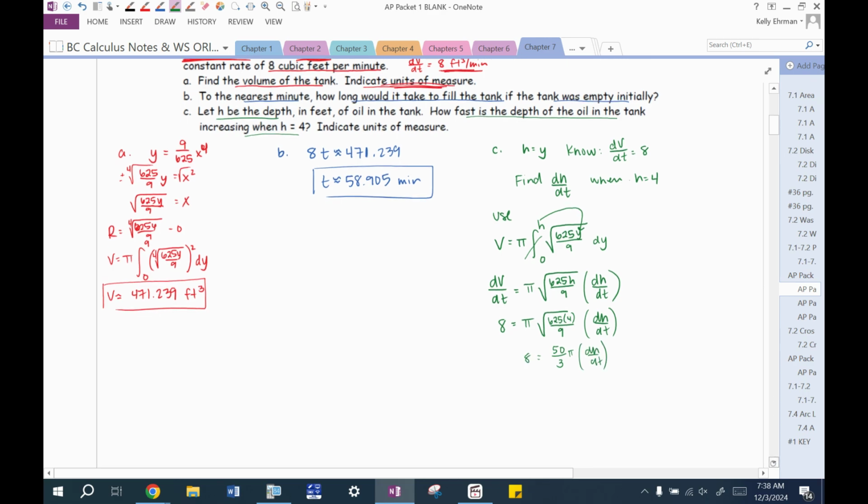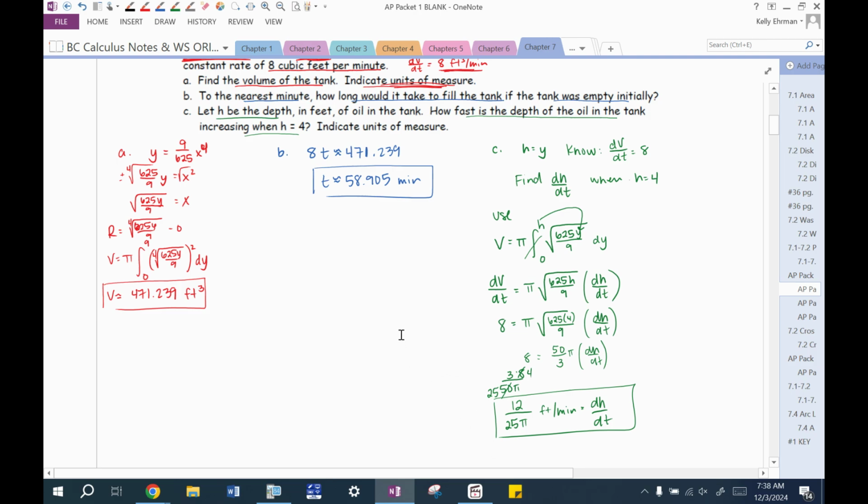Okay, so we can say, all right, multiply by 3. So 3 over 50 pi times 8. Reduce 8 and 50 by 2. So I'm getting 12 over 25 pi. This is feet per minute. You could also, if you have a calculator, get the decimal version of that.